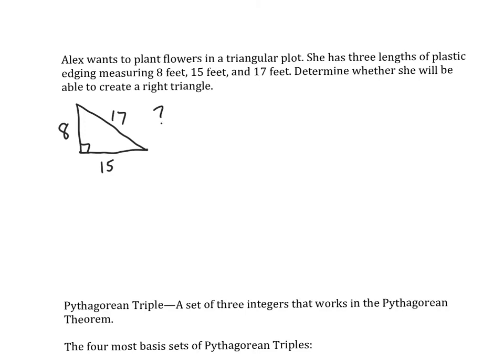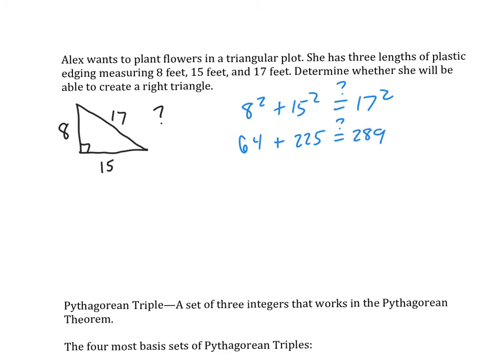We don't know yet. So in order to determine that, we're going to use the converse of the Pythagorean theorem. We're going to see if 8 squared plus 15 squared equals 17 squared. Well, 8 squared is 64 plus 15 squared, which is 225. And we're going to see, does that equal 17 squared, which is 289.